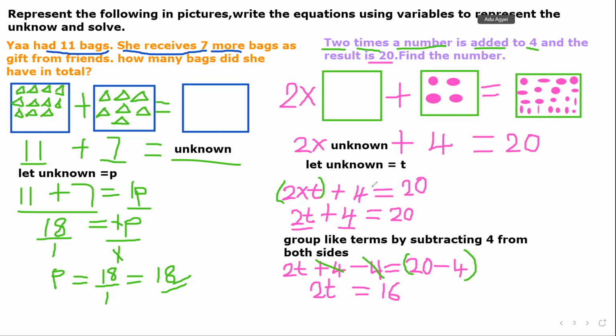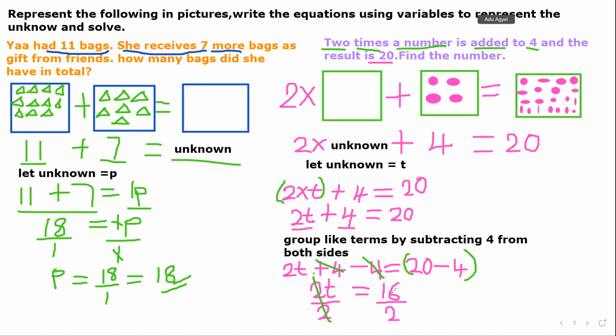Now, as usual, if you want to find the letter, always divide both sides by the number attached to the letter. 2 is the number attached to the letter, so we divide both sides by 2, because what you do on one side must be repeated on the other side. These 2s cancel so that T will be free.